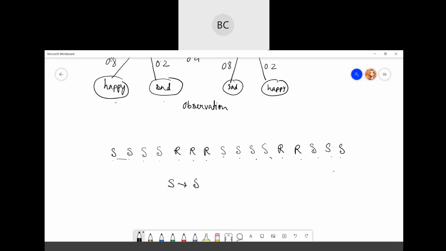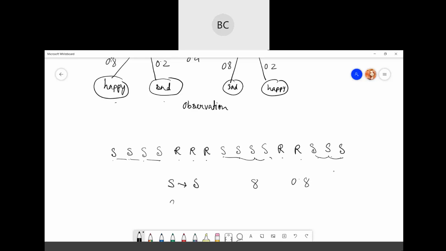From sunny to sunny, 1, 2, 3, 4, again 5, 6, 7, and 8. So 8 times in 16 days. I can say just 0.8.